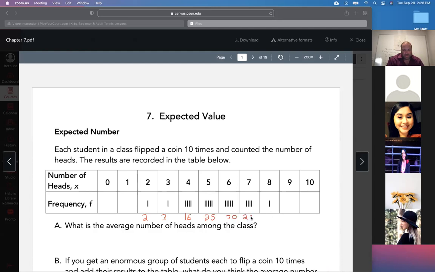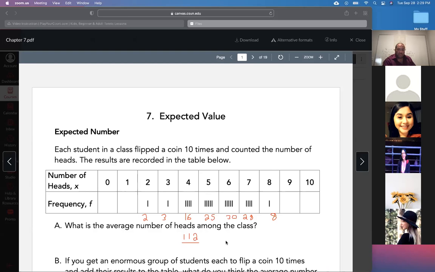And how many in the next one? 8. So that's how many heads I have in total, correct? Oh, okay, I see it. So 2 plus 3 is 5, 16, 21, 25, 46, 56, 66, 76, 86, 96, 104. 104 plus 8 is 112. There's 112 heads in total.